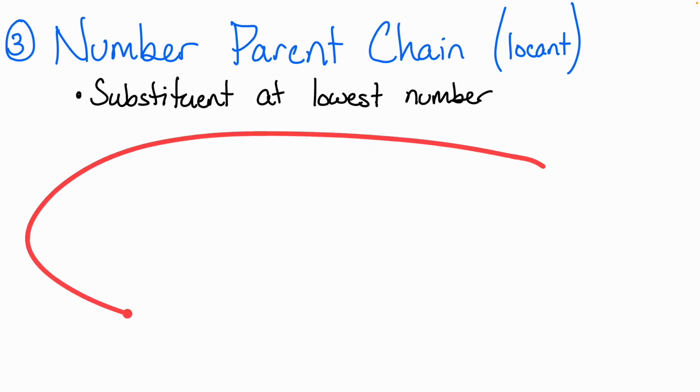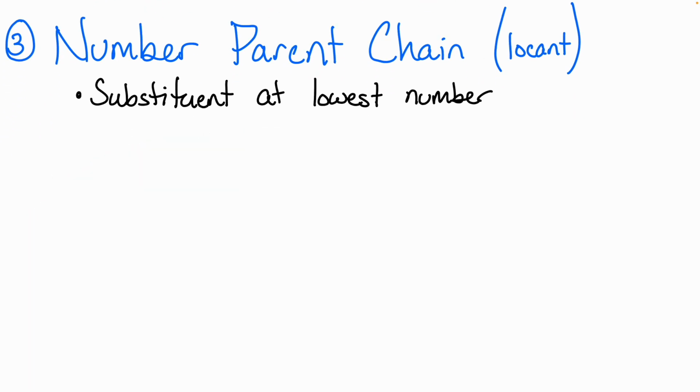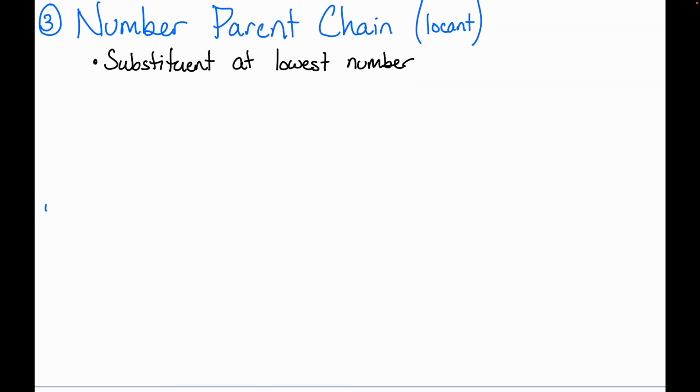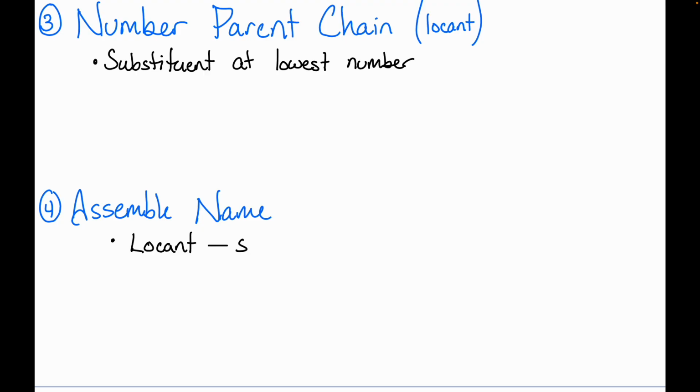Again, I'm going to leave some room to complicate things. The last step is to assemble our name. And we want to do our locant, dash, substituent, and then our parent chain.